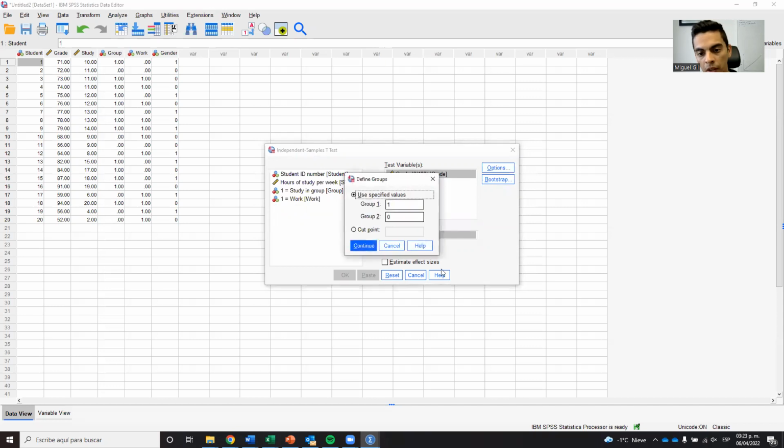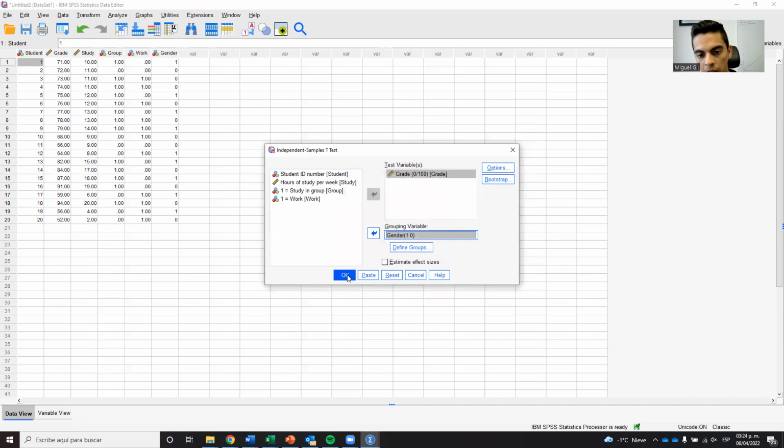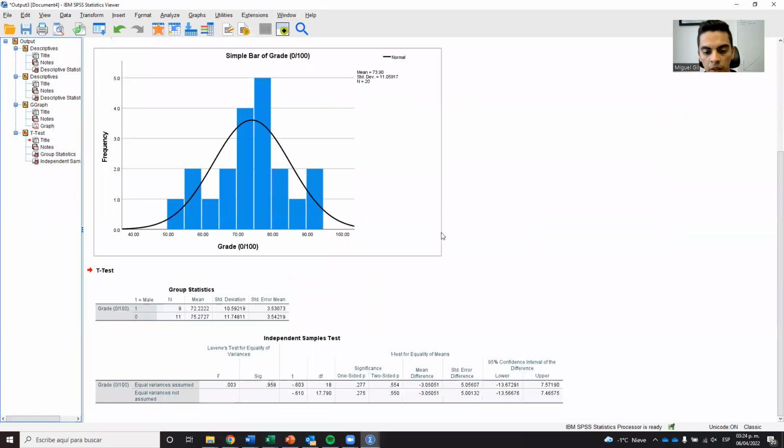You need to define the groups when you have a dummy variable. So you need to define which one is group 1 and which one is group 2. So I will say that group 1 are the males, and group 2 are the females, 0. So then I click continue, and then you click OK. And then you get this result.